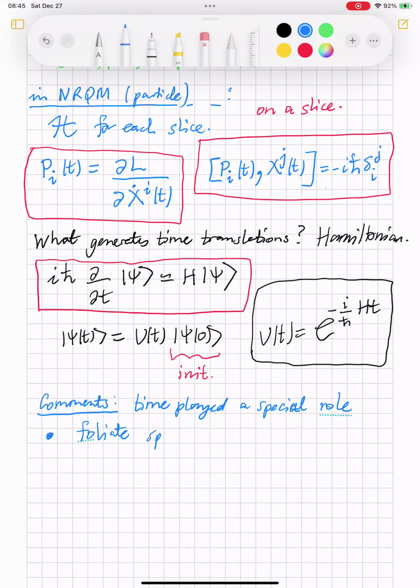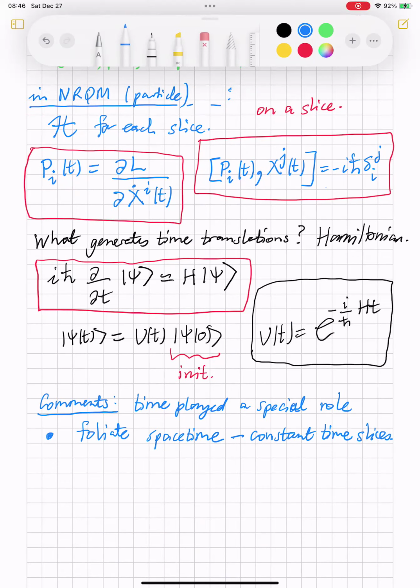So all of these different leaves of our foliation, all of these different time slices, these were constant time slices. And we had a Hilbert space associated to each slice, or a Fock space associated to each slice, or a phase space associated to each slice. But this is what we got when we foliated space-time.